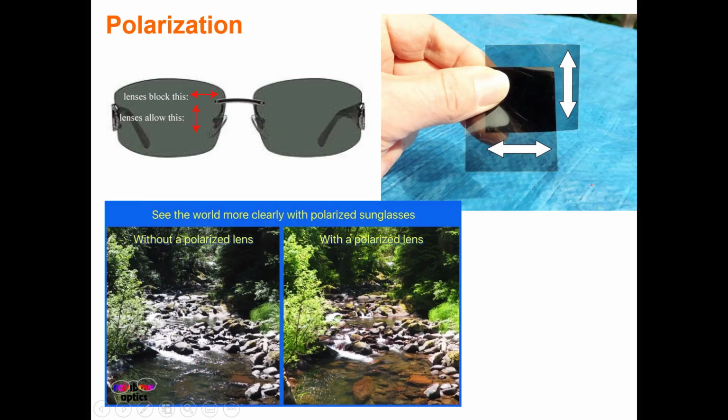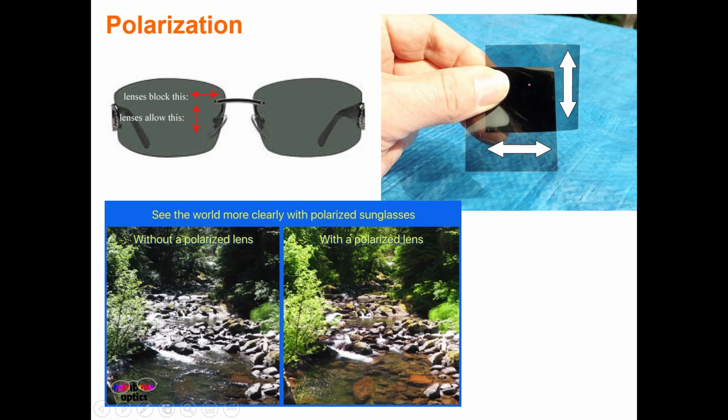And we can see this in this example here. When we have just a horizontal polarizer, we can see through this one. We can see there is something blue there. When we see through the vertical polarizer, we can see there is something blue there also.